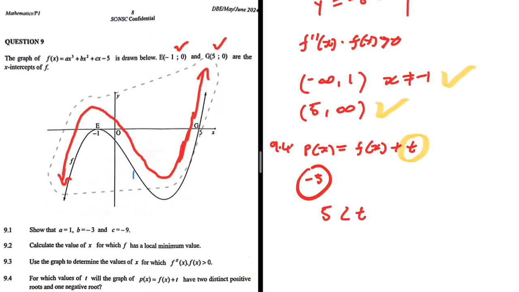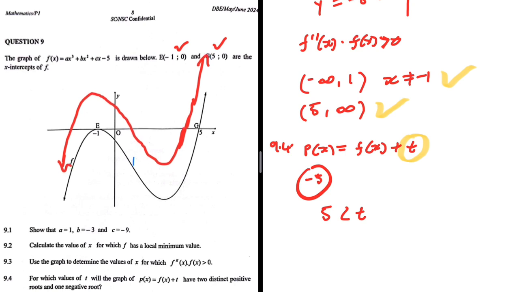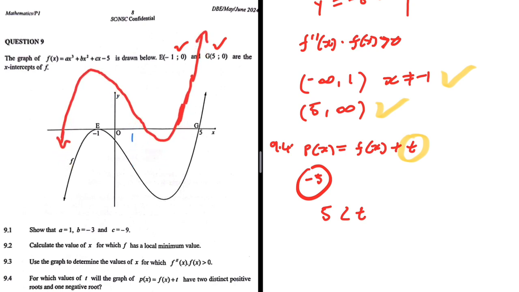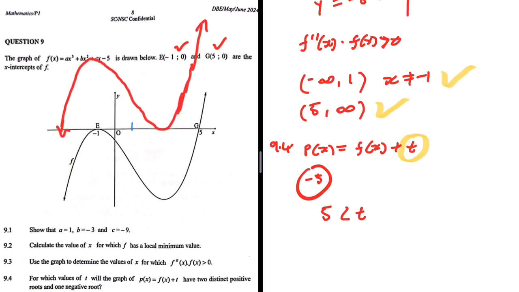But take a look at this. If we keep shifting it upwards, one negative, two positive, one negative, two positive, until we get to this point where we have the local minimum touching the x-axis. If we get to that point, issues are gonna arise because we no longer have one negative and two positive distinct roots.